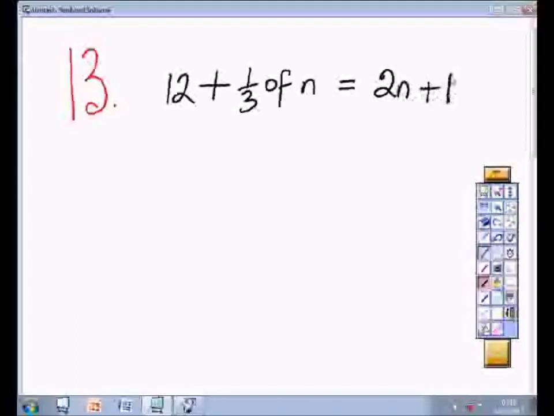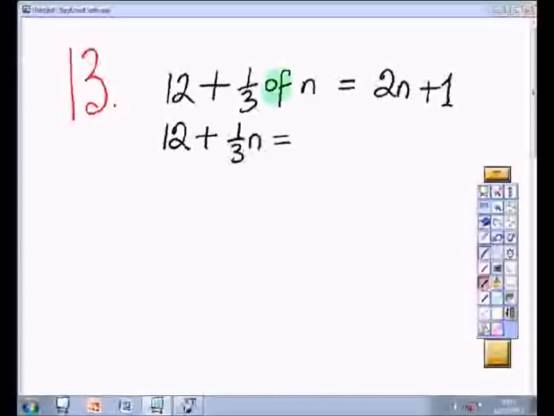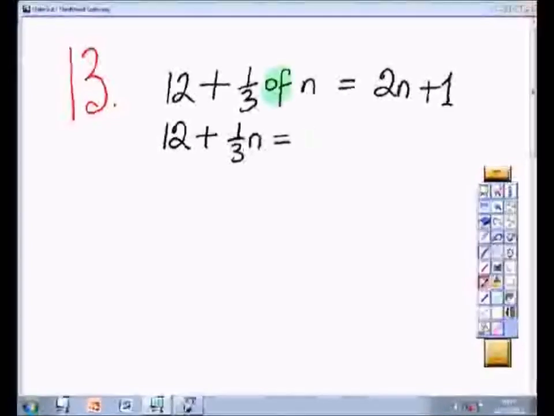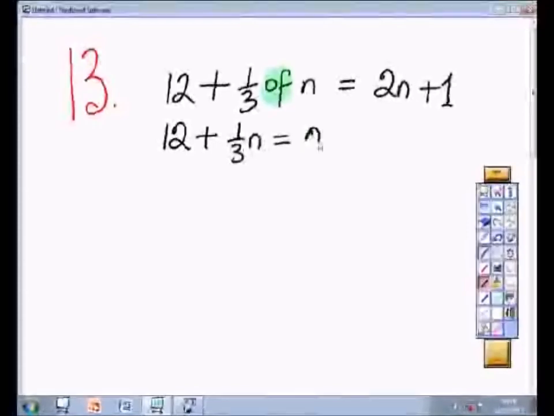We'll rewrite this one as 12 plus 1/3n, since of means multiplication, is equal to 2n plus 1.